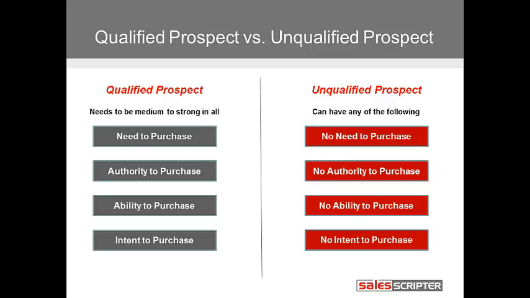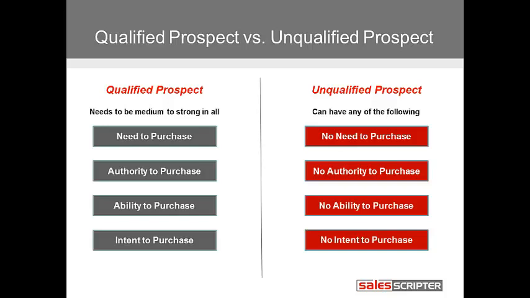The ability to purchase: does someone have the funding or money to purchase what you're selling? And the last one is the genuine intent to purchase. So I may have all of the top three categories, but I've already determined that I'm going to purchase from someone else, and I'm just talking to you to get a price. That means I intend to purchase, but I don't have a genuine intent to purchase from you.